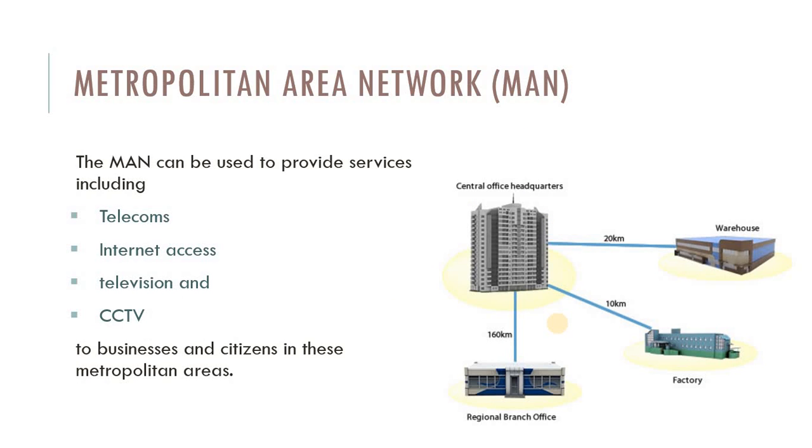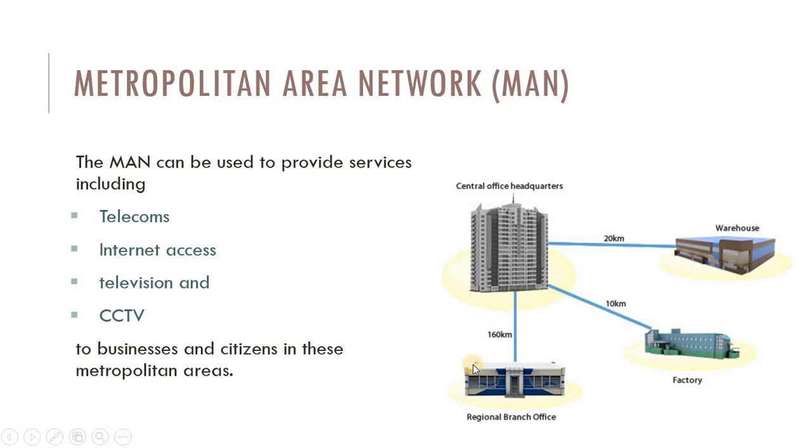Let's understand it with one example. The MAN can be used to provide services including telecoms, internet access, television and CCTV to the business and citizens in these metropolitan areas. As I said, there is one central office or headquarter. 20 km far from that there is one warehouse of that office. 10 km far there is a factory or one branch of that factory. 160 km far there is another regional branch office.